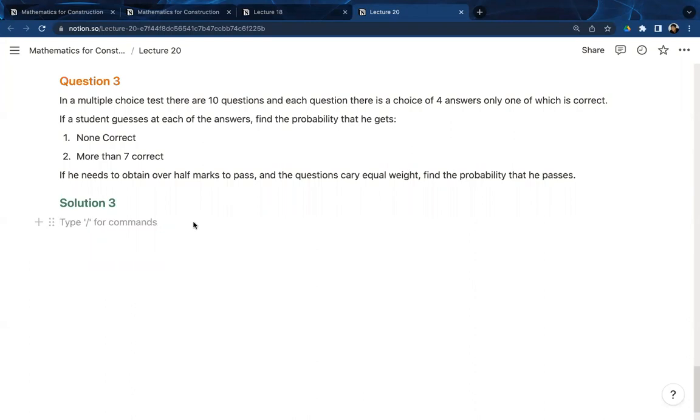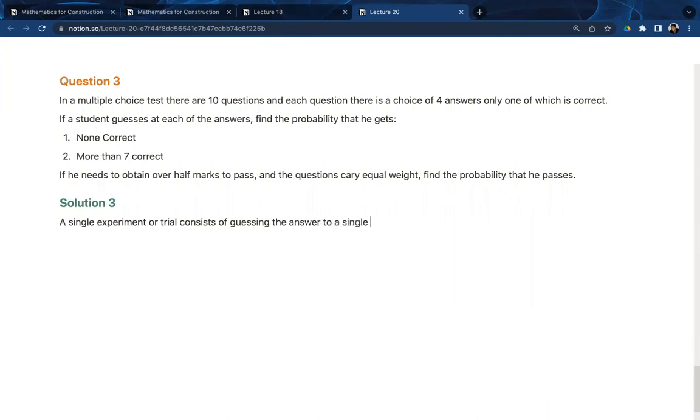Okay, so let me talk through the problem, right? A single experiment or trial consists of guessing an answer to a single question.